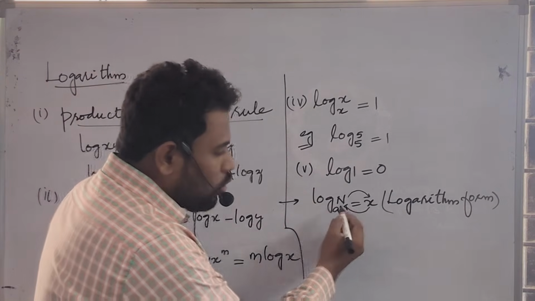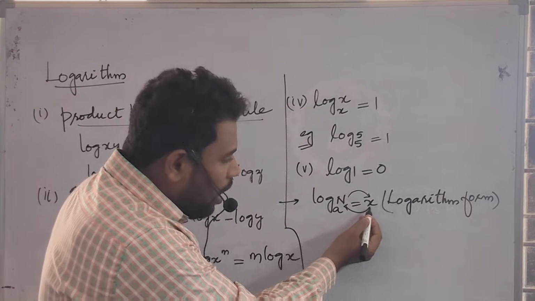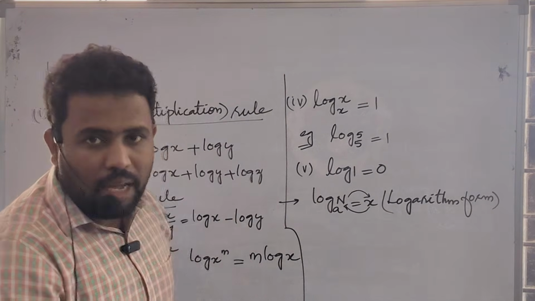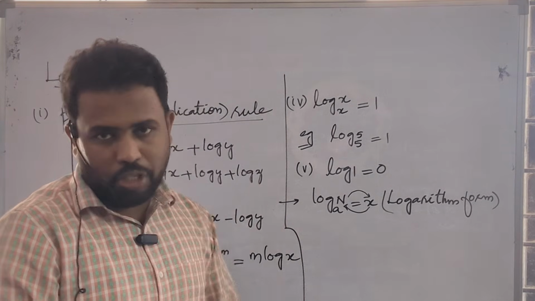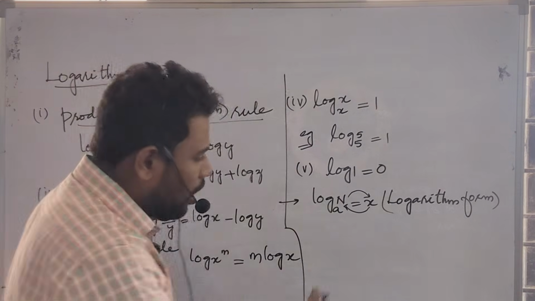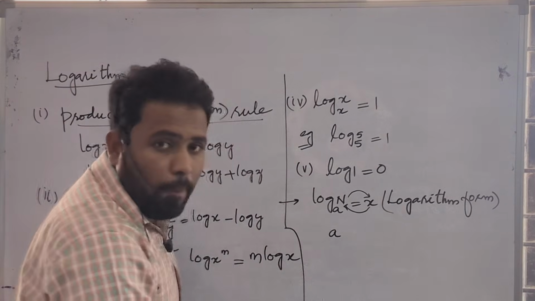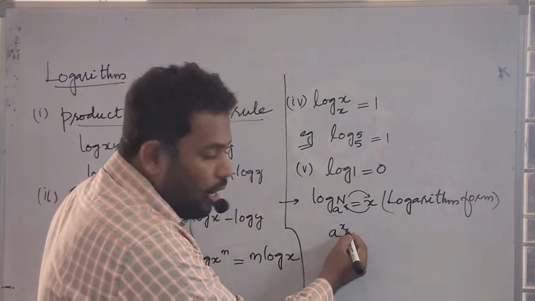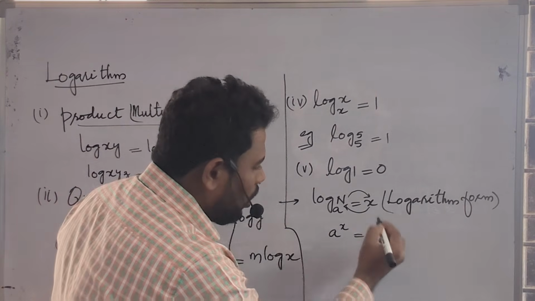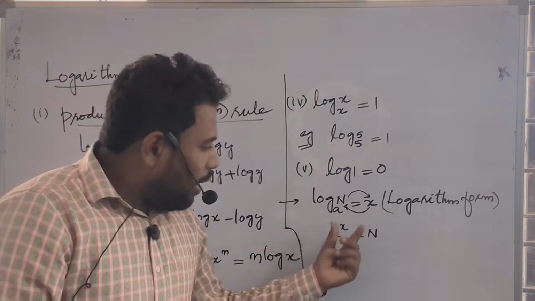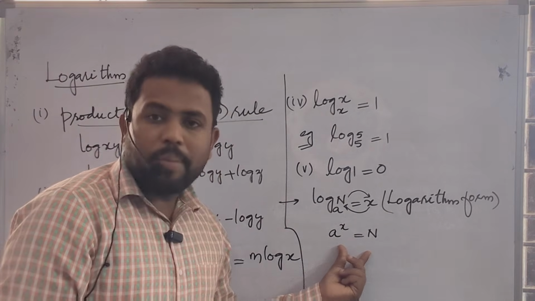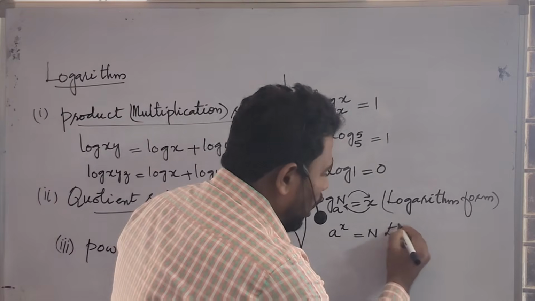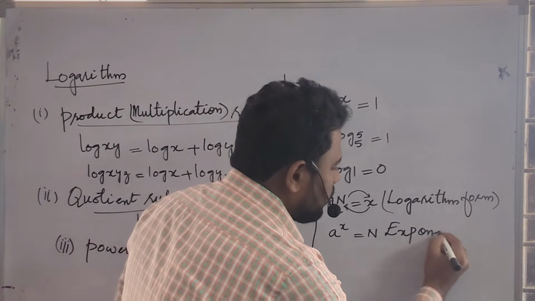The base will remain at the same position; this position is not going to change. So base a to the power x, because this x came here, equals n. Now the log has converted into exponential form. So what do we call this form? Exponential form.